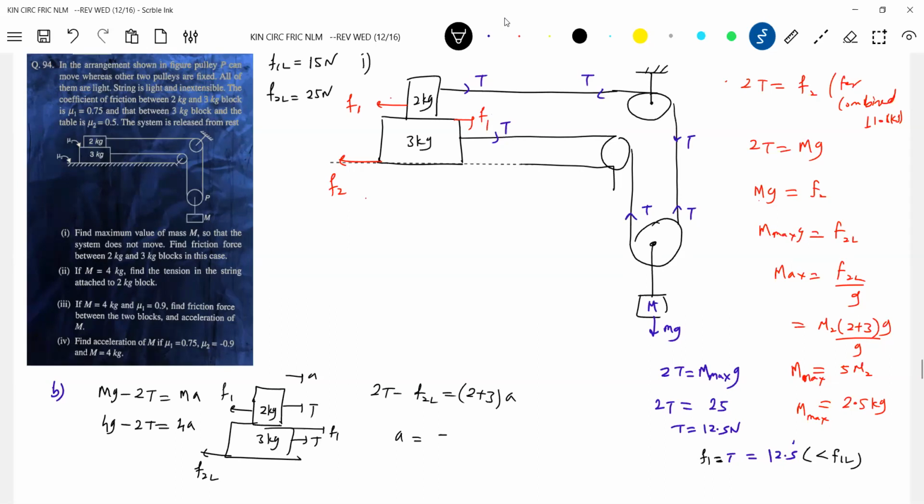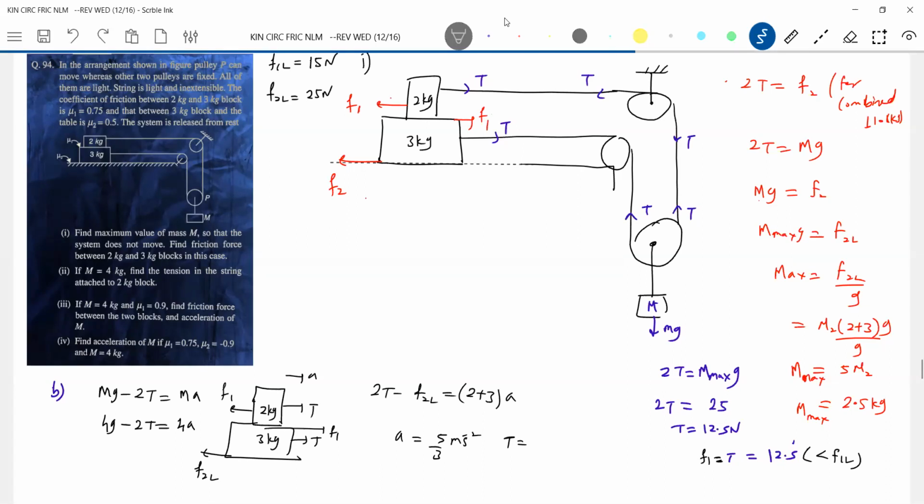Okay, 5 by 3. Yeah. Anybody value T? How much tension? 25 by 3, 25 by 3, 25. 50 by 3.